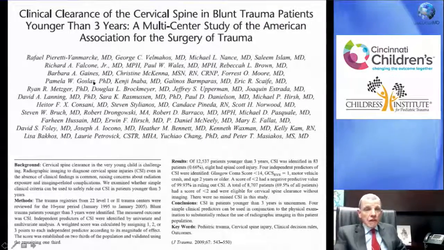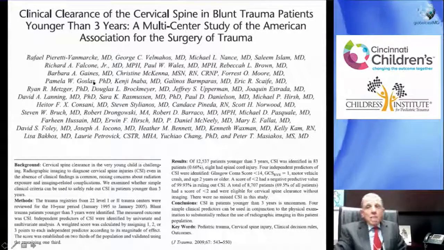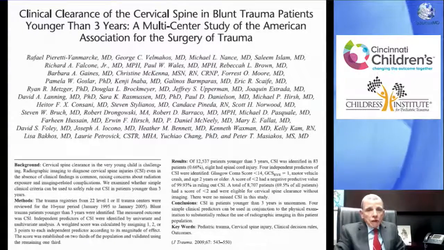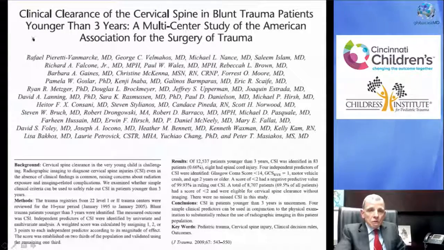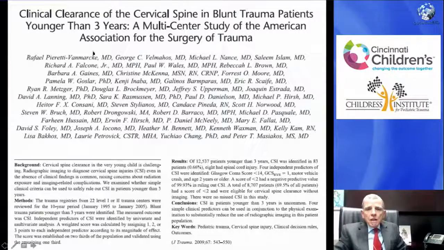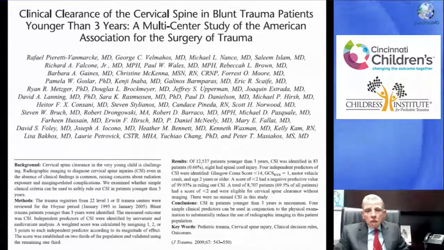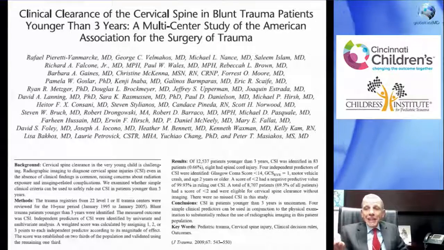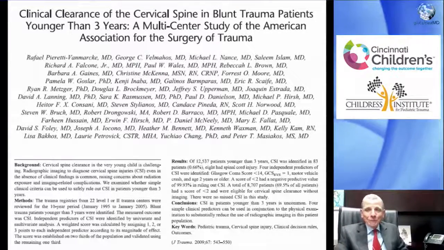This is a very nicely done multi-center study run by the American Association for the Surgery of Trauma, including some authors on the panel here today. It captured 12,000 some odd children under 3 years of age. So this is a really marvelous piece of work.